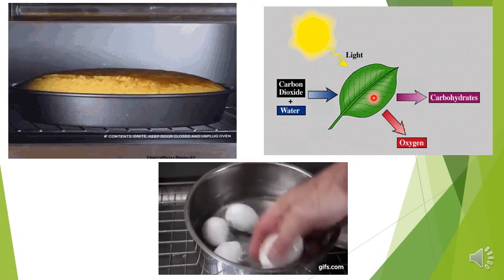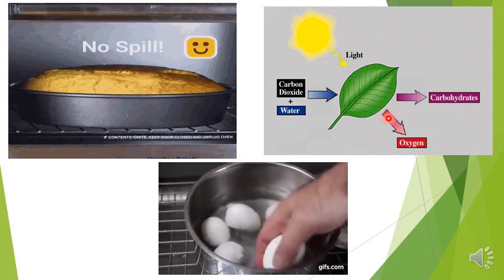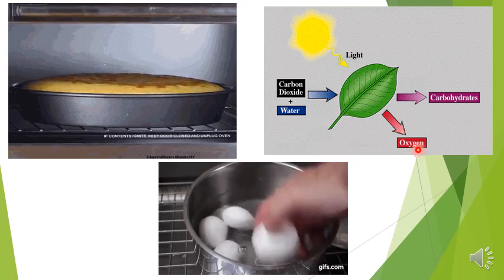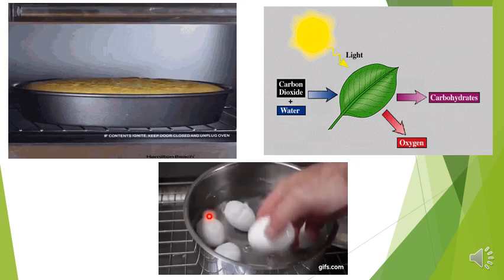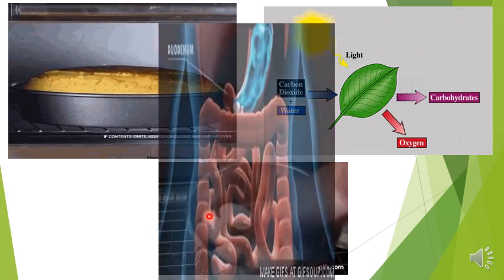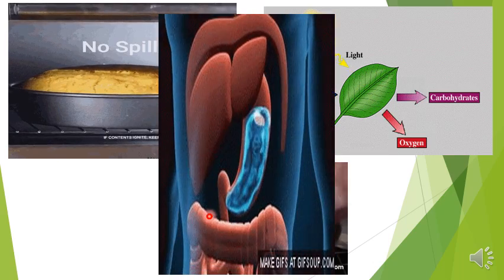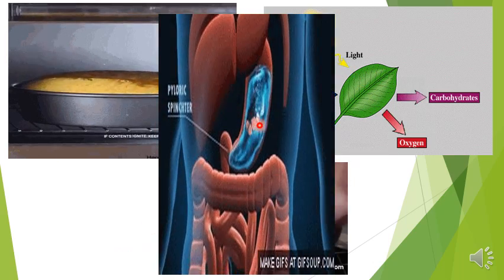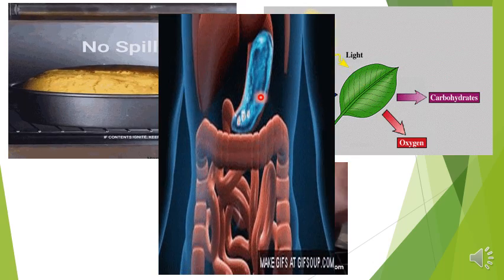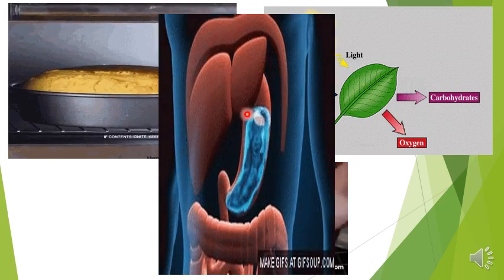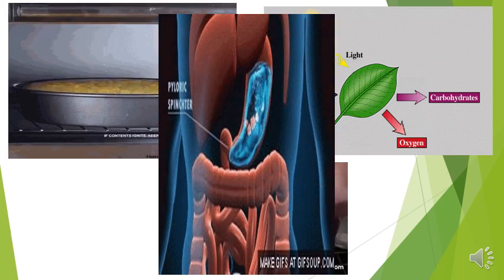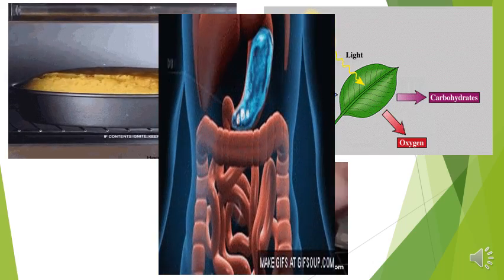At the end, what is the byproduct? What new substance is formed here? Oxygen. So, photosynthesis, baking of cake, boiling of egg, all these are examples of chemical change. Even digestion of food. A piece of food breaks down into small pieces and it releases the nutrients to our body. This is also a chemical change.